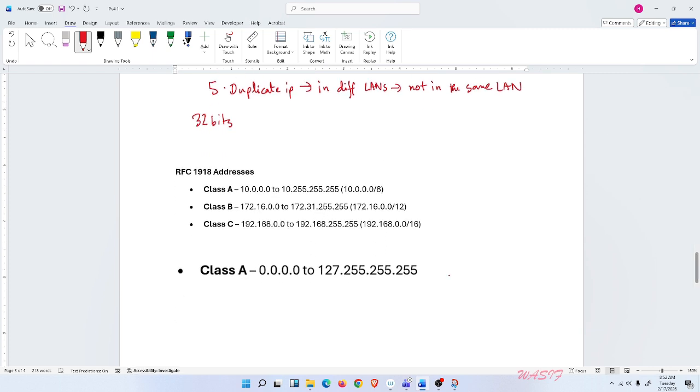Now look at here very carefully. The whole thing is class A. So in class A, if I write this number 10.0.0.0 to 10.255.255.255, this is the full class A, and this is the private portion of class A.